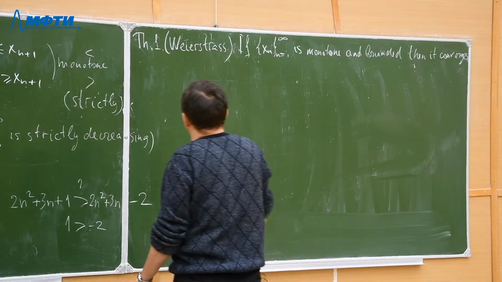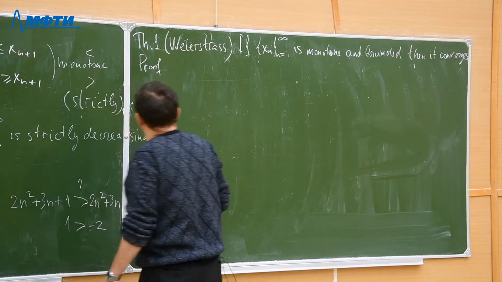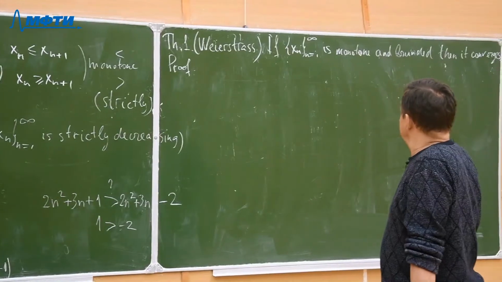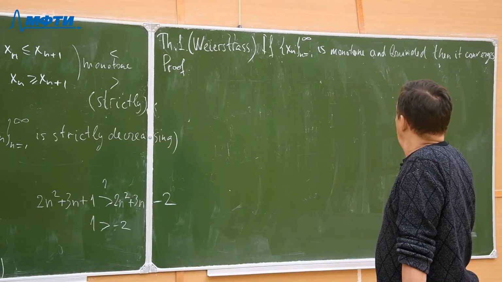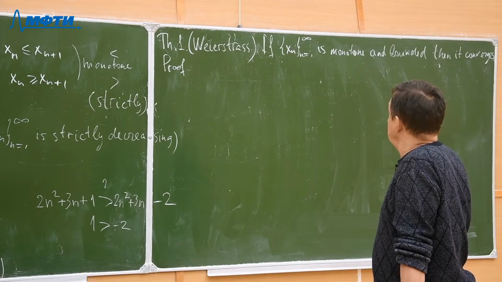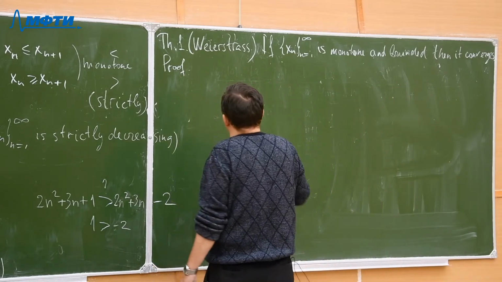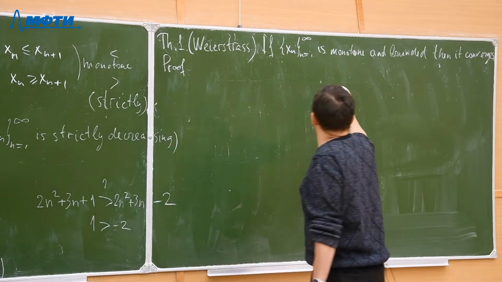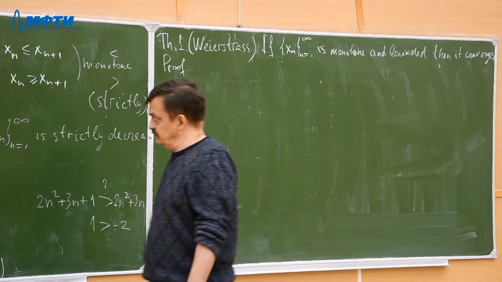Okay, proof of Theorem 1. Let us choose something for definiteness. Monotone means either increasing or decreasing.